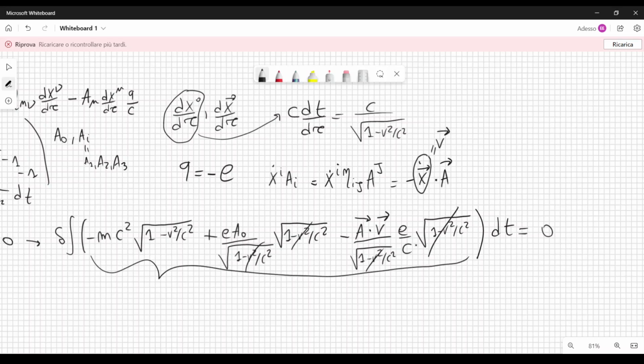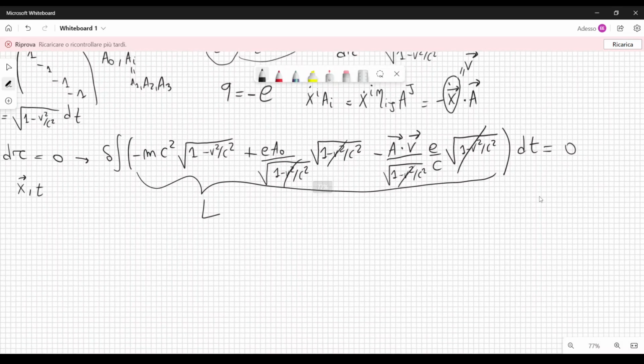And this is exactly the Lagrangian that we usually have in classical physics, classical non-relativistic physics. And if I want to find momentum, p, I have to take the derivative of the Lagrangian L with respect to the velocity v. And from the expression above, I will simply obtain mv over the square root of 1 minus v squared over c squared, which is the derivative of this expression.